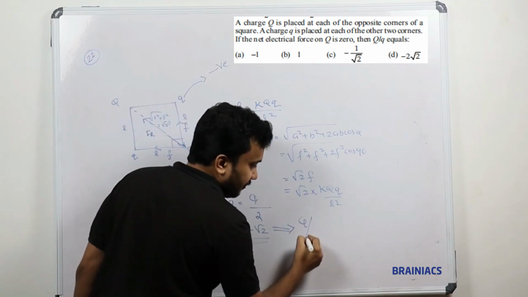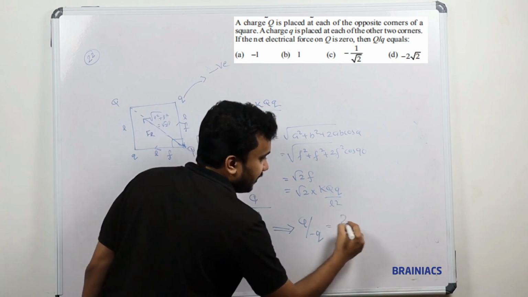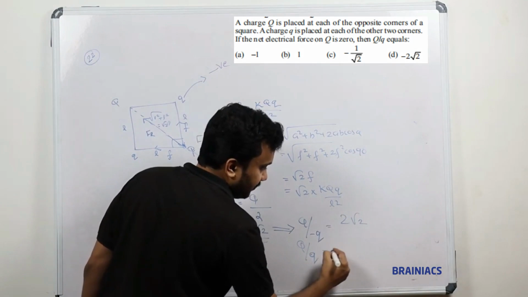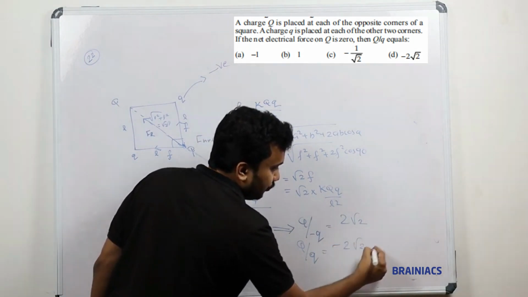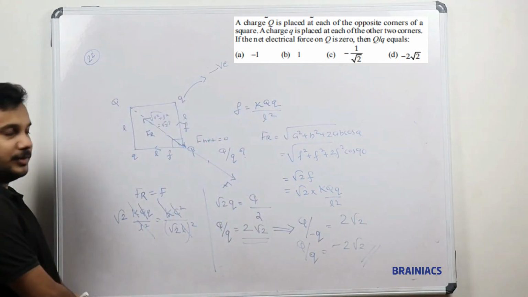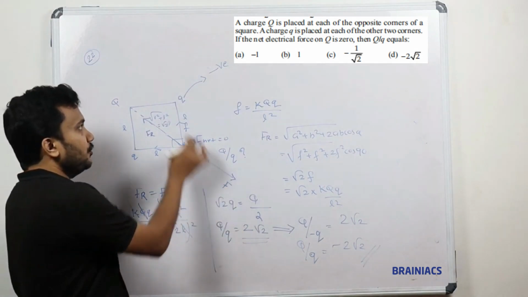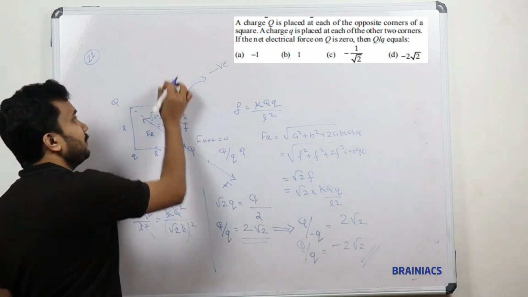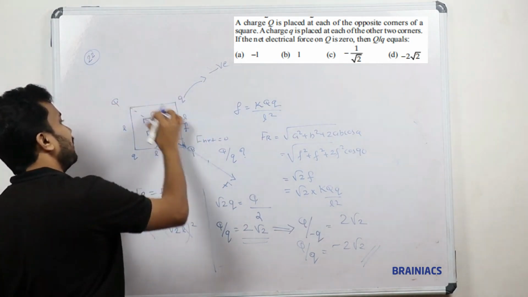Which means Q divided by minus Q we actually get 2 root 2, or we can say Q divided by plus Q, if you take it, is minus 2 into root 2. Here Q should not be a positive charge. Q definitely should be a negative charge. Then only this force and this force together, Fr will come.